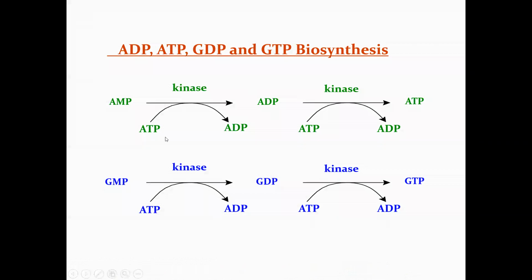So AMP, in the presence of the enzyme AMP kinase, with one molecule of ATP needed in this reaction, is converted into ADP. Then again, by a subsequent kinase reaction, ADP is converted into ATP. Similarly, GMP is converted into GDP and GDP is converted into GTP in the presence of kinase and ATP molecules. So in this way, ATP and GTP get produced inside the body.